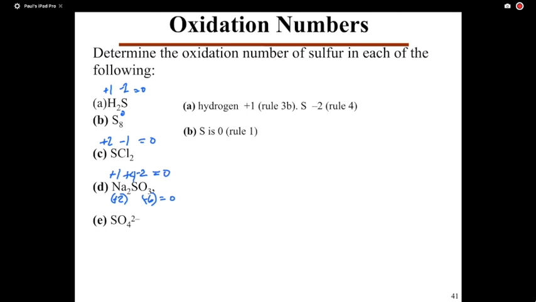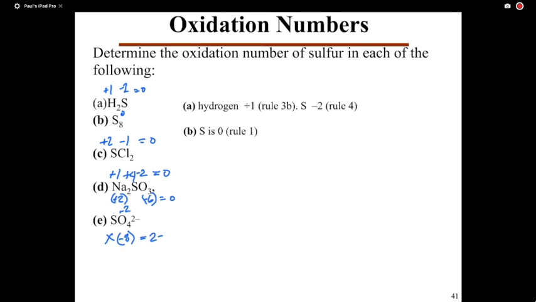In this last case, everything has to add up to a -2. Oxygens are a -2, so I have a -8 total here for oxygen. What must sulfur be for this to add to a total of a -2? Pull out your calculators.